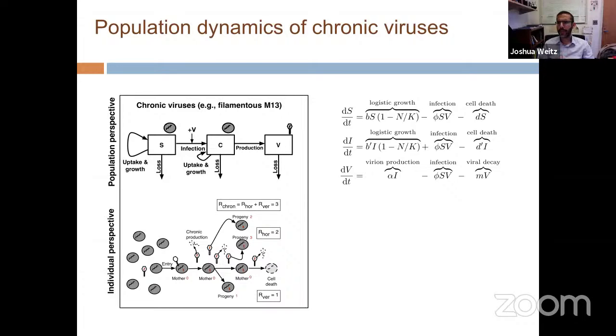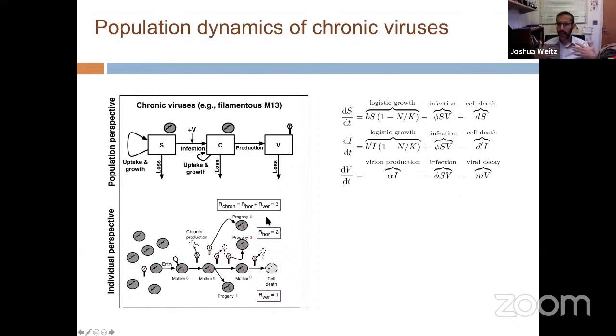And most notably, this is through filamentous phage, which bud rather than burst, in which case these infected cells are dividing, but you'll notice that there's a production rate of viruses from infected cells, and that doesn't include the death of the cell. And here in my individual example, you'll see that this cell divides once, but buds twice, it has more than 2 budding viruses, but 2 of these budding viruses infect horizontally.